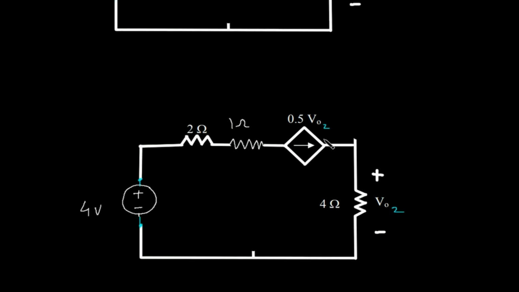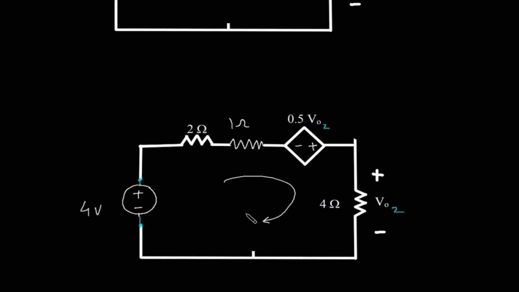We have already calculated this, so it gets the same value because the current is 0.5 VO2 into resistance of 1 ohm. So current into resistance is voltage, same value. This arrow will change to polarity, and it will turn into a voltage source. So this will be positive, this will be negative.